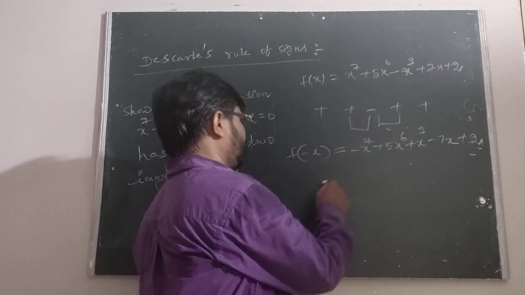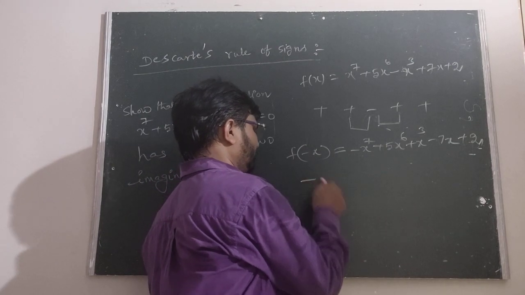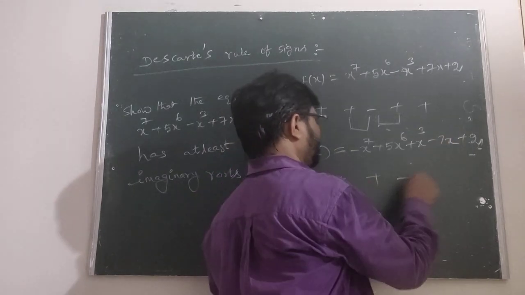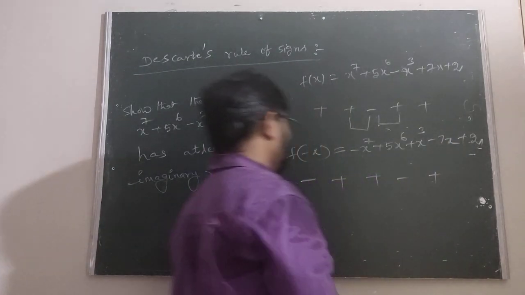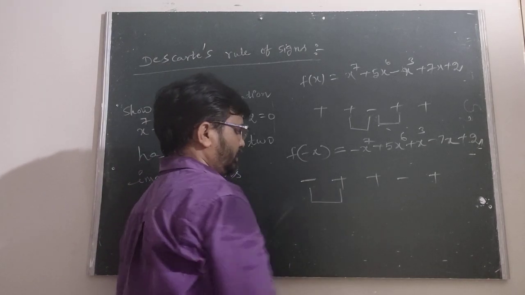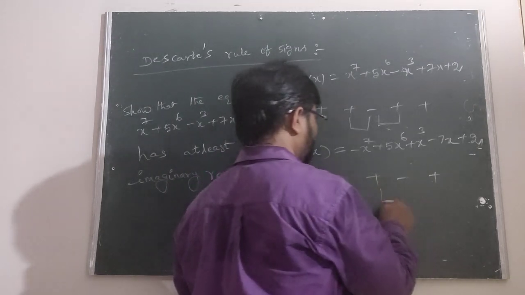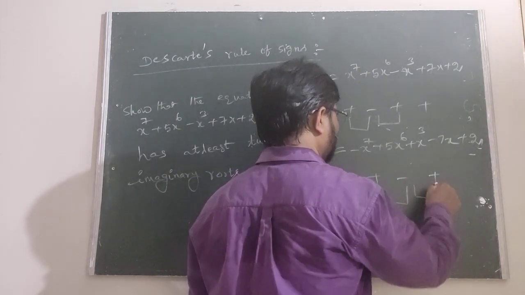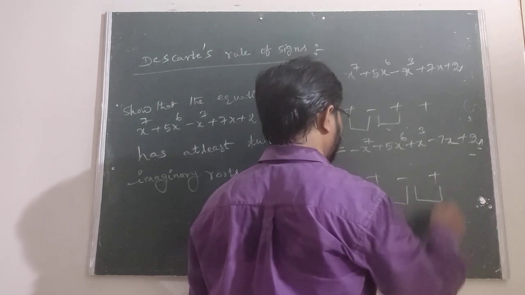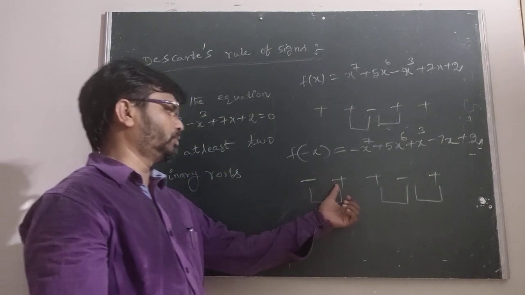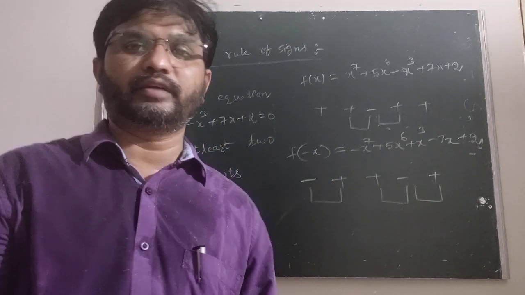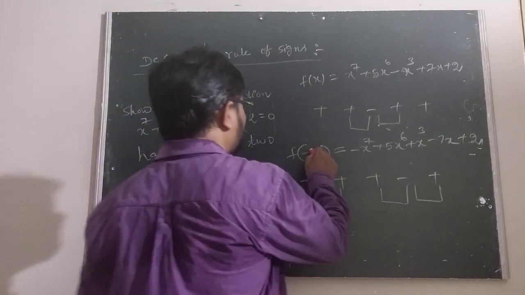Now the signs of the coefficients are minus, plus, plus, minus, plus. The sign changes are minus to plus, plus to plus, plus to minus, minus to plus. We observe the first is minus to plus, second plus to minus, third minus to plus. So we are observing at most 3 negative roots.